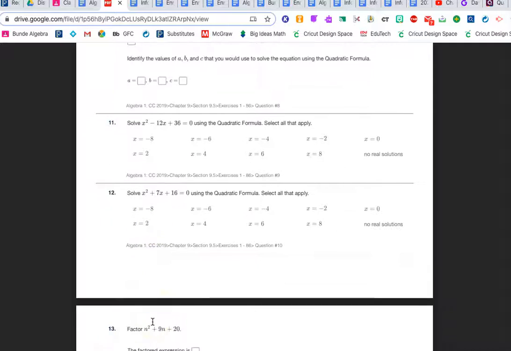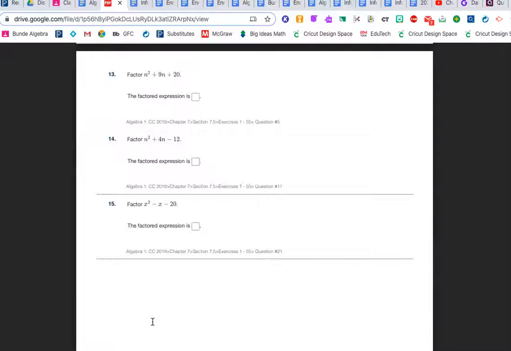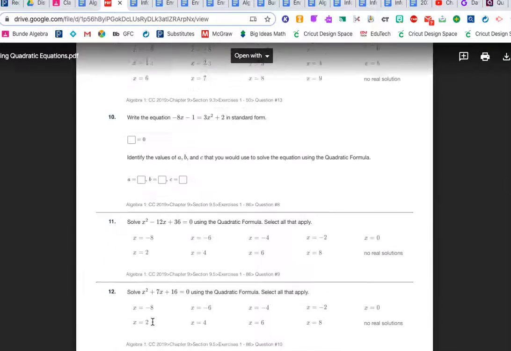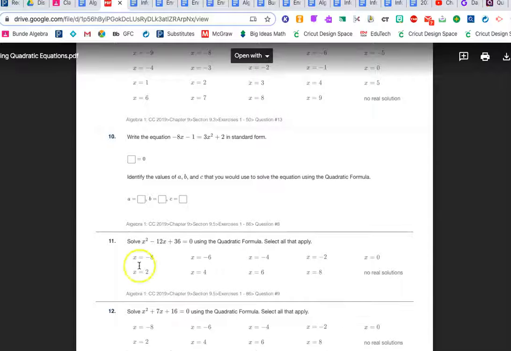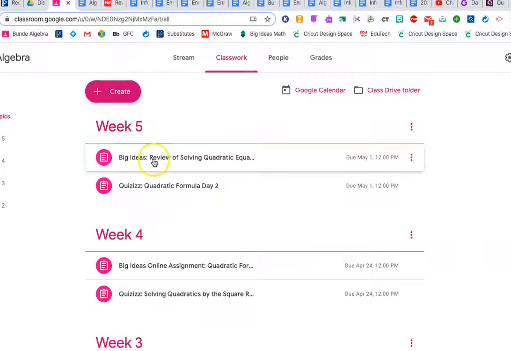Quadratic formula, and then 3 factoring. So nothing you guys can't handle. We reviewed one of each type on this video. And again, if you can't log into the website, just on a sheet of notebook paper, you don't even need to print this out. Just write down your answers and then submit it in Classroom on this assignment here, or shoot me an email. It doesn't matter. Whatever works for you works for me.